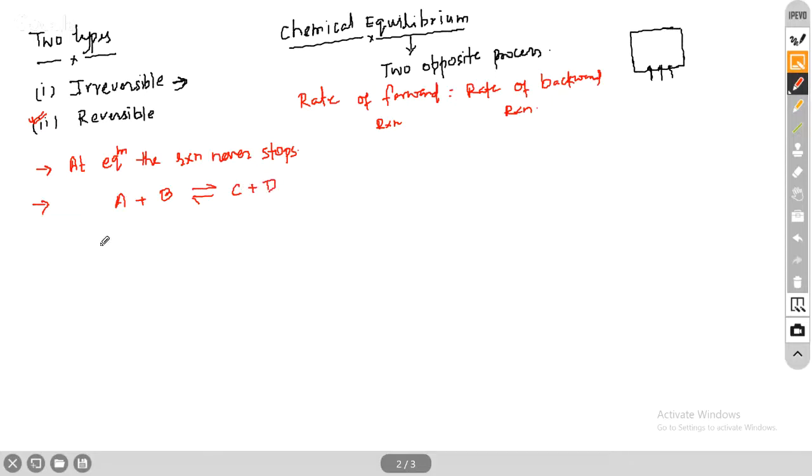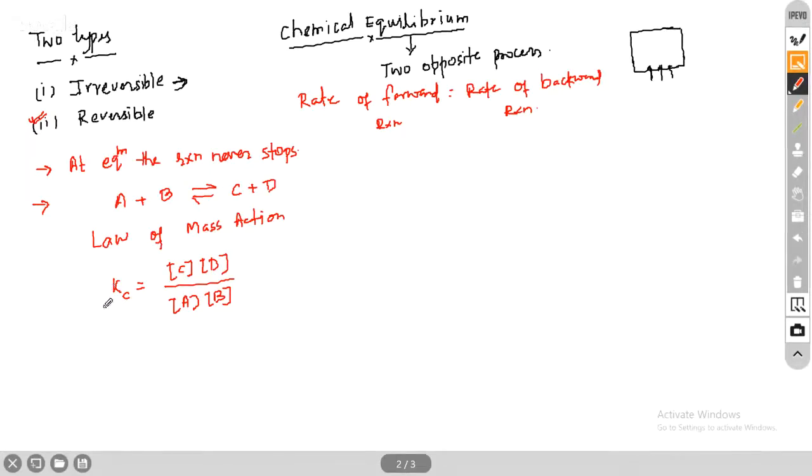So for this, a law we have, that is law of mass action, and this suggests that the equilibrium constant Kc is equal to the concentration of product divided by the concentration of reactant. This is equilibrium constant Kc. This we call the law of mass action.